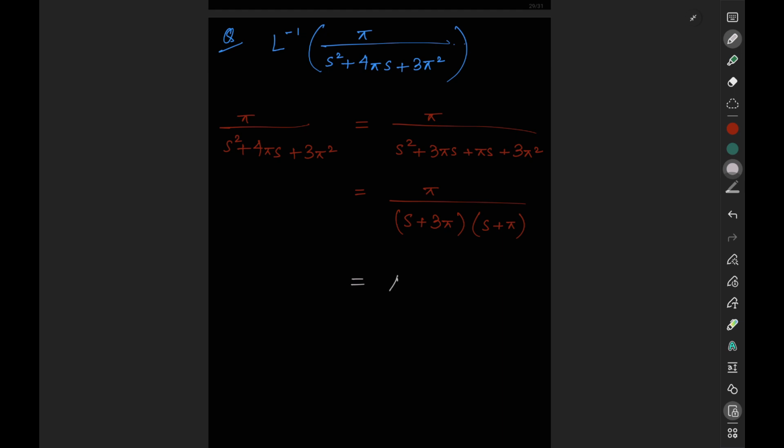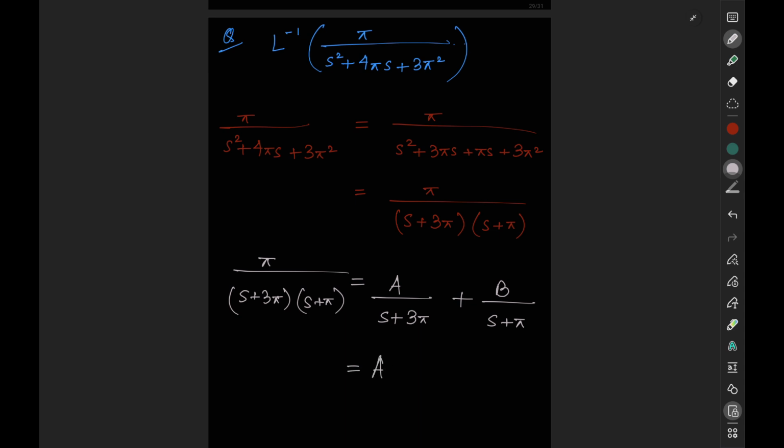This can be written as a upon (s plus 3 pi) plus b upon (s plus pi). Now we have to find the value of a and b, substitute it, and then we can take the inverse Laplace transform of the resulting expression.